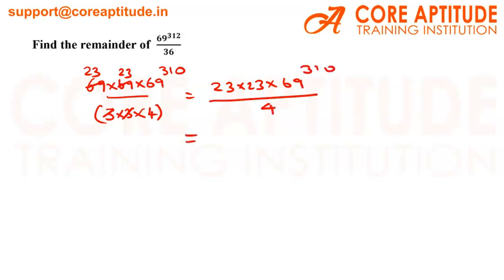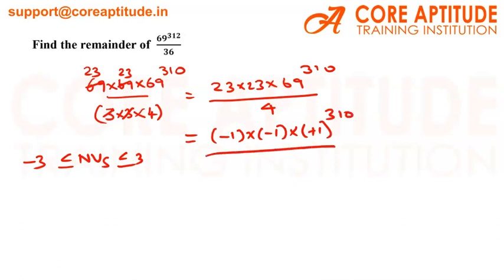Now numerator values can be rewritten in the range of minus 3 to plus 3. Now 23 divided by 4, what is the value? It is minus 1 into minus 1 into plus 1 to the whole power 310 divided by 4. Now this is 1.